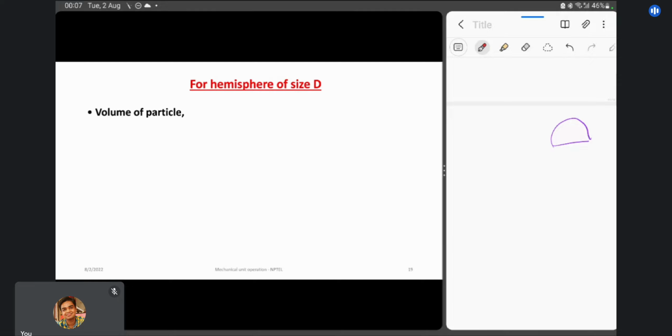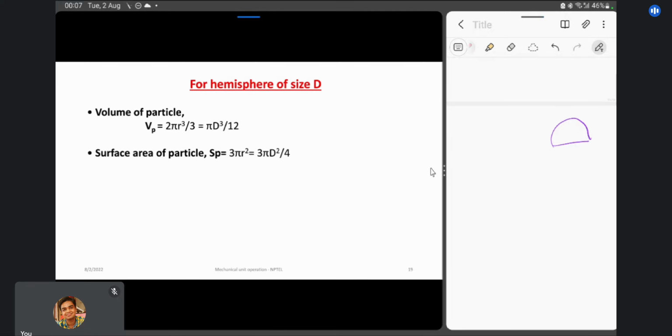So first, for the hemisphere, we need to understand the volume of the particle. As we know, the volume of the particle for a hemisphere is pi d cube by 12. Now its surface area, and for the hemisphere we always prefer the 3 surface, so 3 pi r square, and if we convert it into diameter terms, then 3 pi d square by 4.